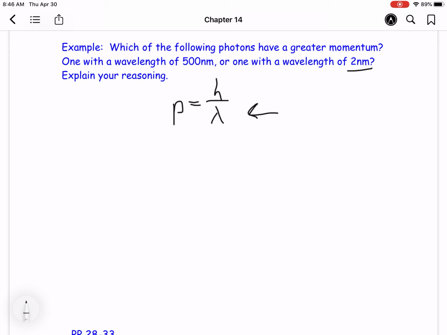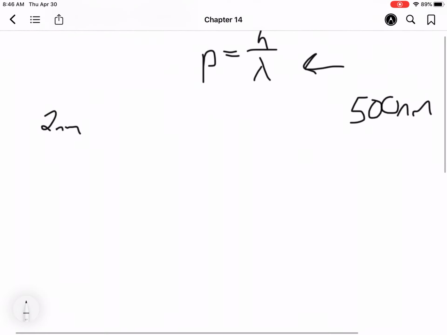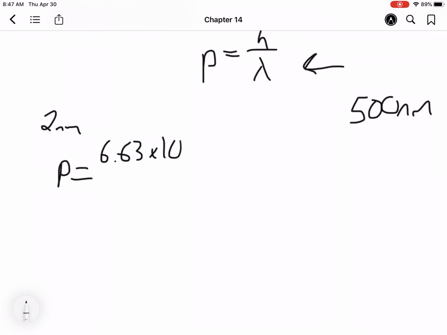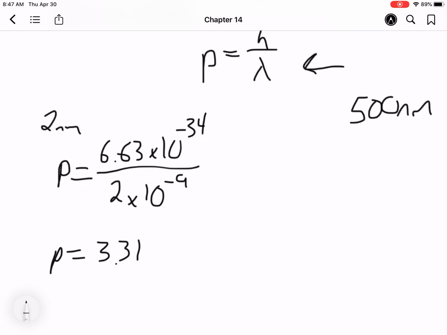So we just do the 2 nanometers over here and 500 nanometers over here. In this case, p equals h over 2 times 10 to the negative 9, and you get 3.315 times 10 to the negative 25.